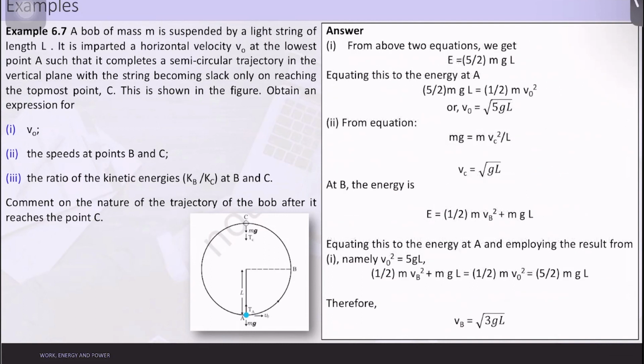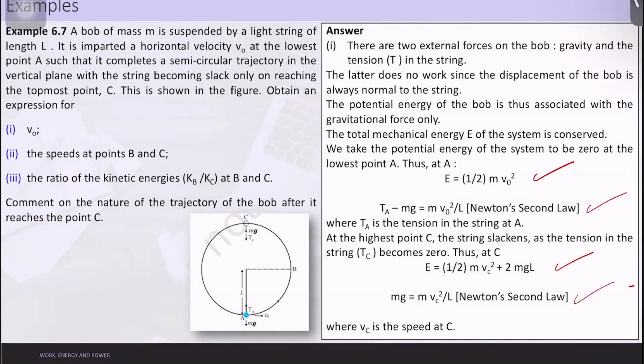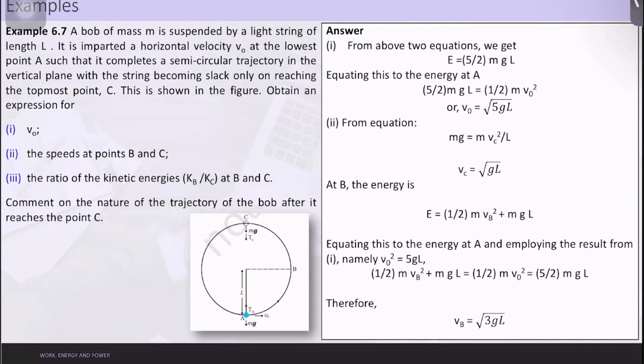Now what we need to do? Let me use the black slide for that. Just look at this line very carefully. For point C, what was happening? Only mg was acting at this location, and the acceleration was also at this location. What was the first thing we got?